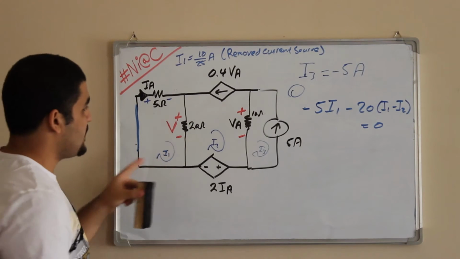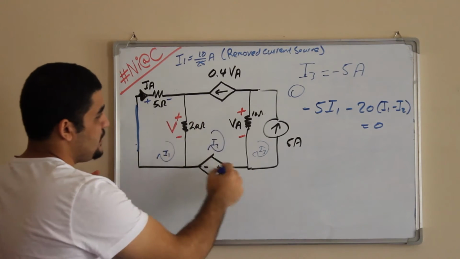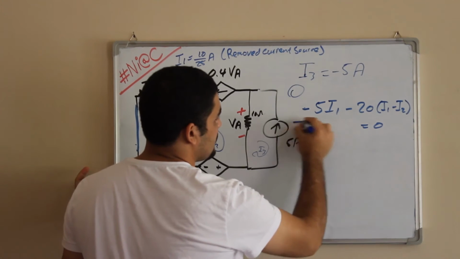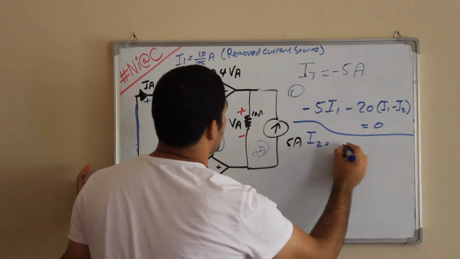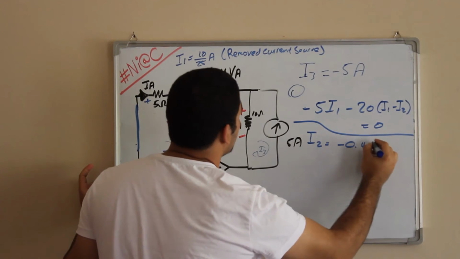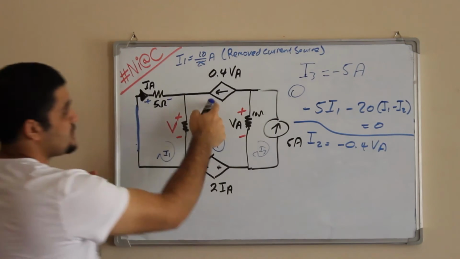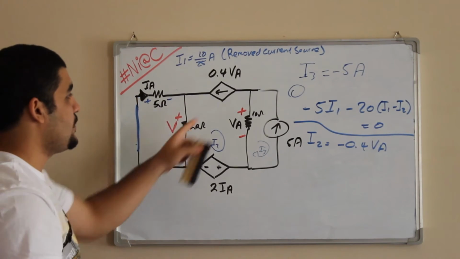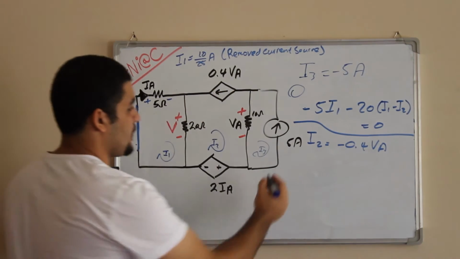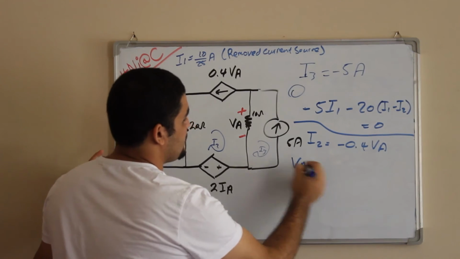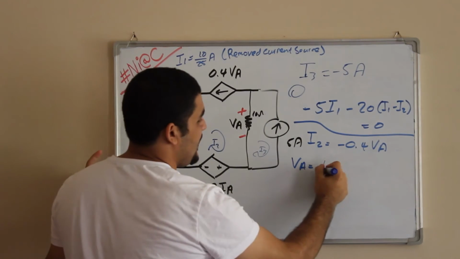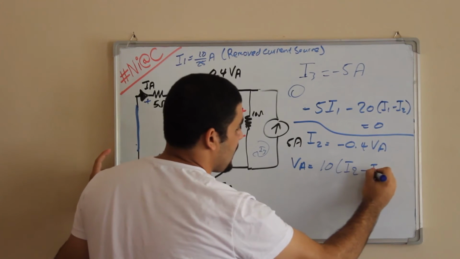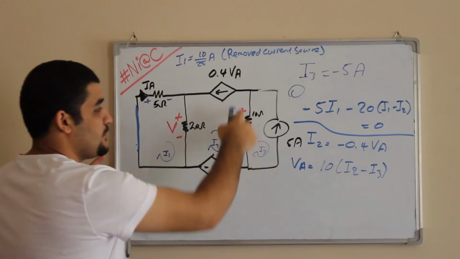Now, the second loop, I2. I2 is equal to minus 0.4 VA, because it's driving in the opposite direction. Now, what is VA? As before, VA, which is this one, is equal to 10 (I2 minus I3).